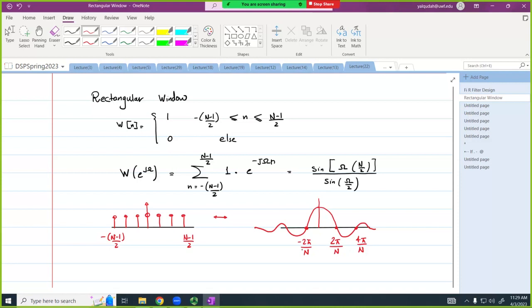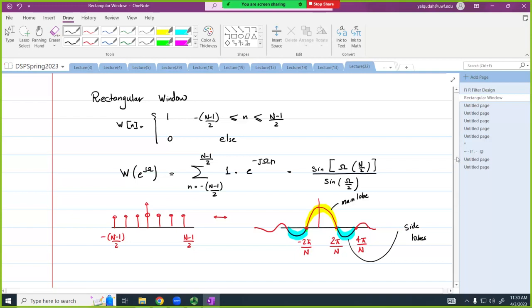Okay. The other thing we need to know is that this we're going to call the main lobe, and these we're going to call side lobes. Got that?